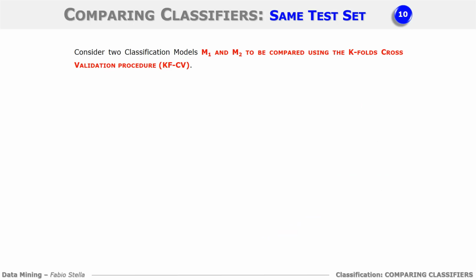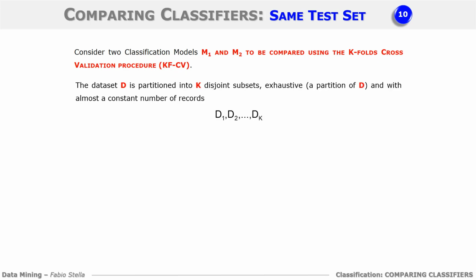We now focus our attention on the case where two classifiers have to be compared, but in this case we can use the same test set. Consider two classification models, M1 and M2, to be compared using the k-folds cross-validation procedure. We let D be the dataset to be partitioned into capital K disjoint subsets, which we know are exhaustive, so they form a partition of the available dataset D, with almost a constant number of records.